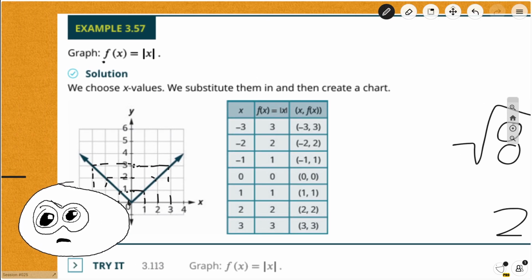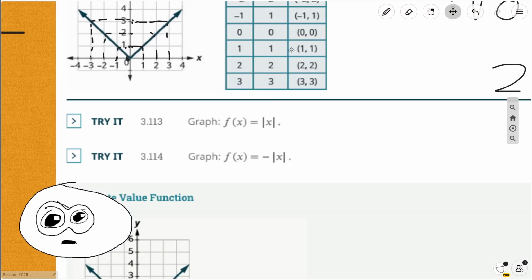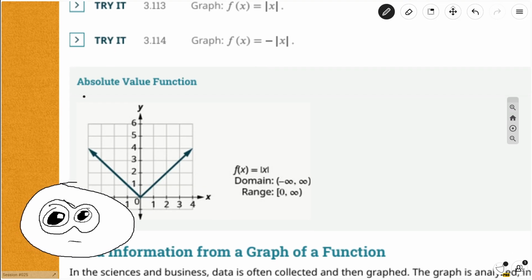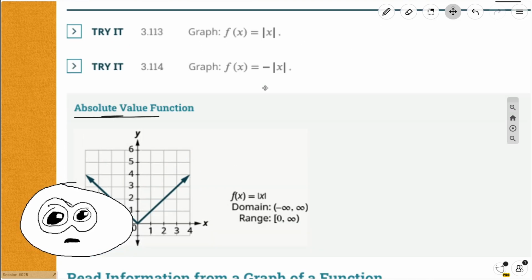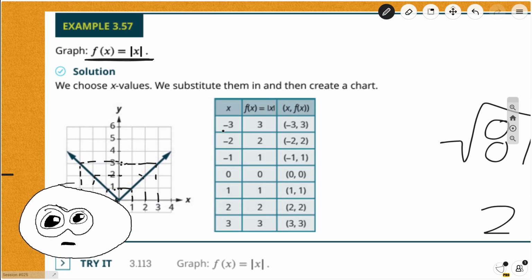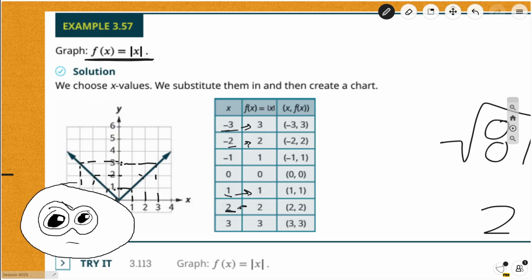It is the graph of a function of, I believe, are these absolute values? Yeah, absolute values. An absolute value basically means when it's negative, it becomes positive. And when it's positive, it becomes positive. That sort of thing.